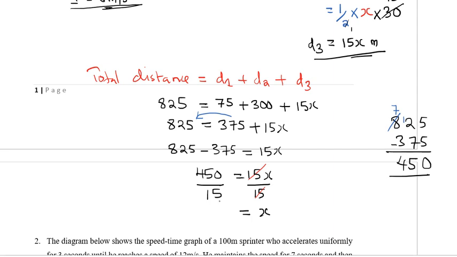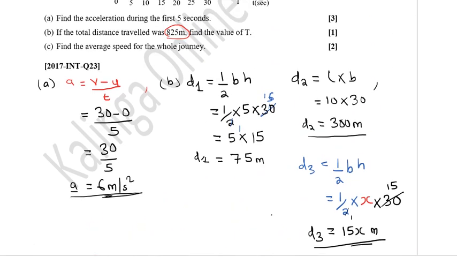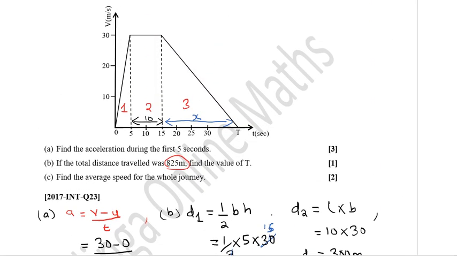Because of this 0, it will be 30. You can even confirm. So there it will just be 30. So 30 is the value of x. That's how you get the value of x. But this is not our final answer. Remember, we want to find the value of t. So I have found the value of x, which represents this length here.